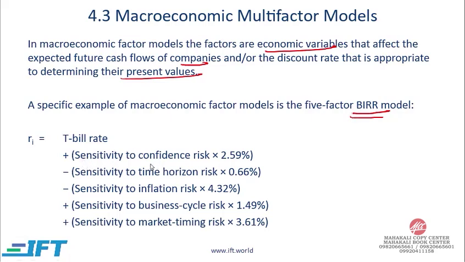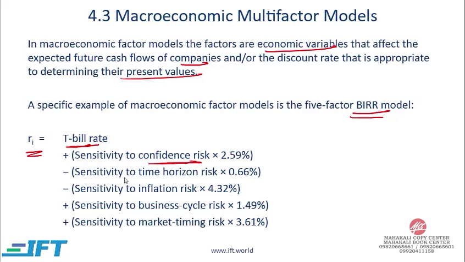So notice that we are talking about economic variables over here. The required return is the T-bill rate plus sensitivity to confidence risk. Confidence risk refers to the unanticipated change in the return difference between risky corporate bonds and government bonds, both with maturities of 20 years.